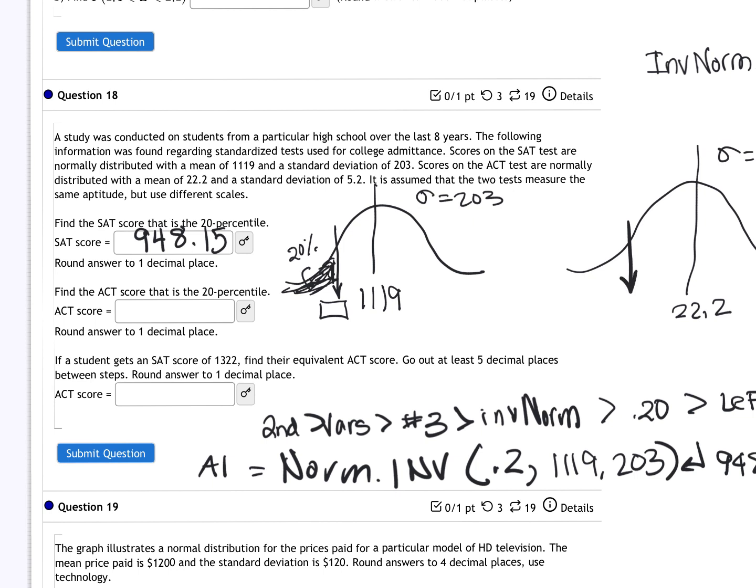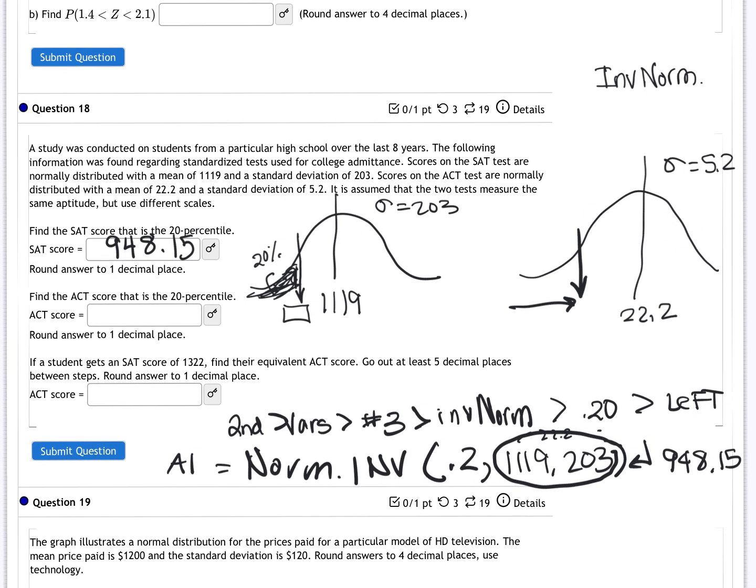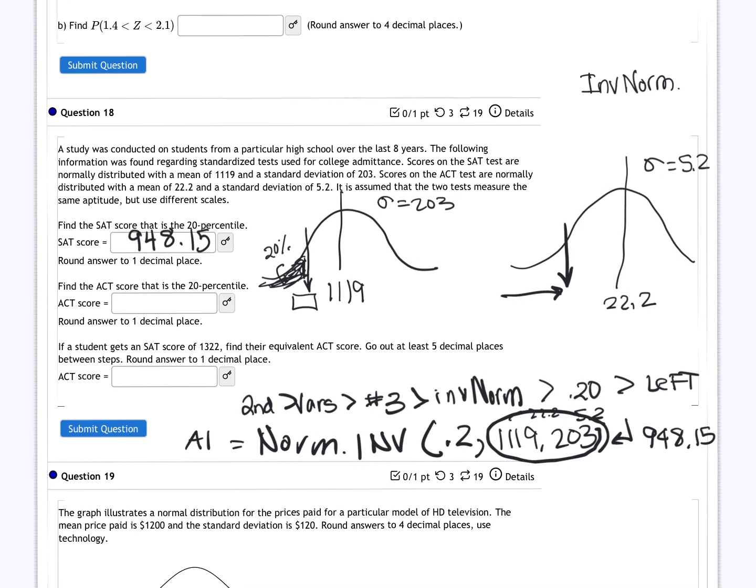We do the same exact steps we just took here, except now we can just change these two numbers to 22.2 and 5.2. And that will give me an answer there.